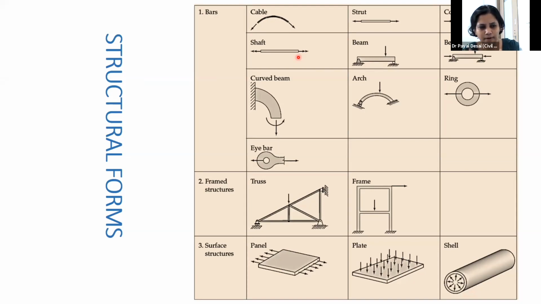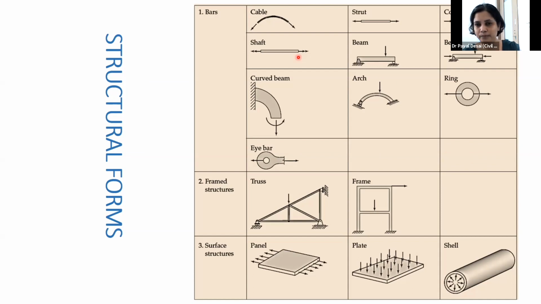Now another type of structure is the frame structure, which is an assembly of bar elements, beam elements or columns and so on. When two components of the bar are attached with a frictionless pin connection, we call that structure a truss. You know how to analyze trusses.